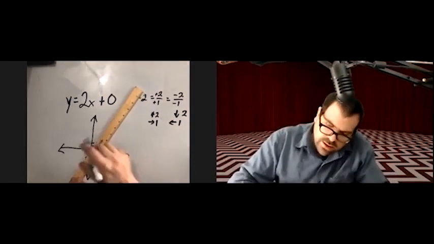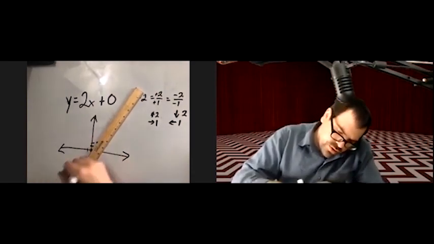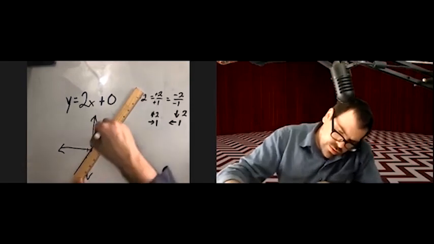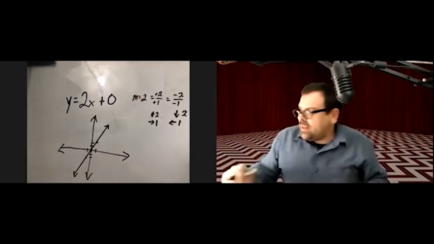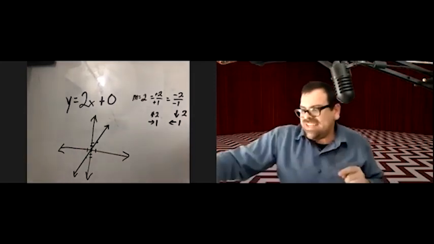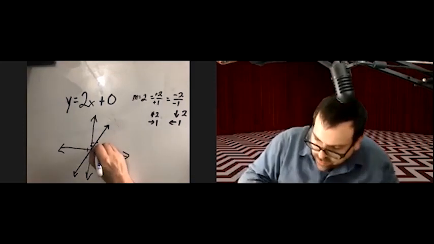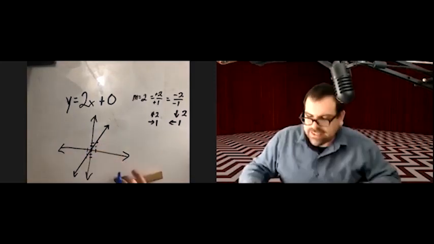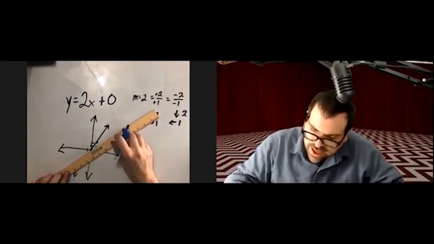Either way, our slope of 2 gives us a line that is steeper than if we had our identity graph, the normal y equals x.